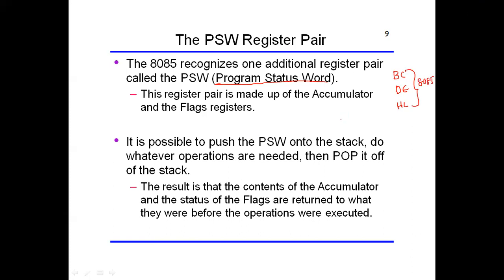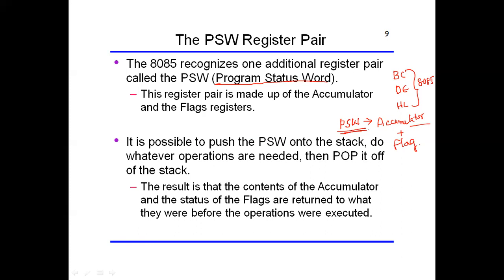So when we talk regarding the PSW, program status word, we are going to add the accumulator with the register pair. So the register pair is made up of the accumulator and the flag registers. This accumulator plus flag registers, we combinedly call it a program status word. So in this program status word, it is possible to push the PSW onto the stack.